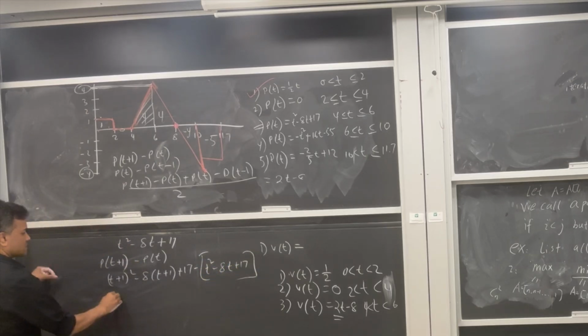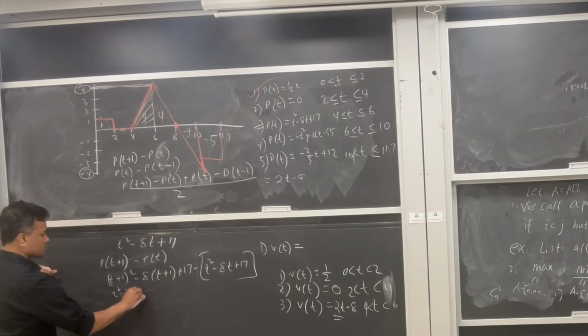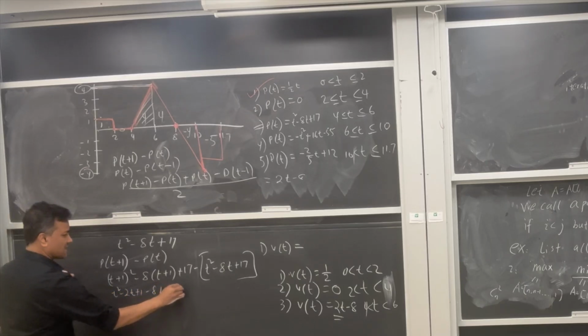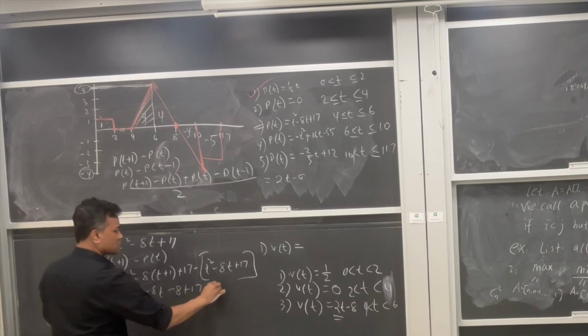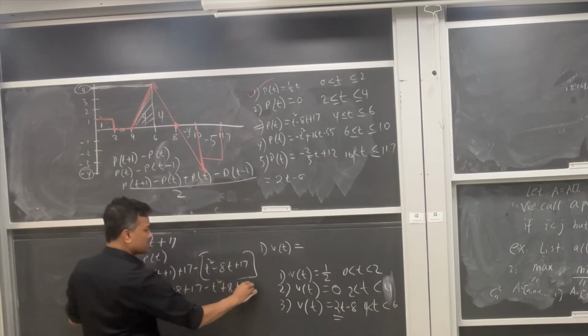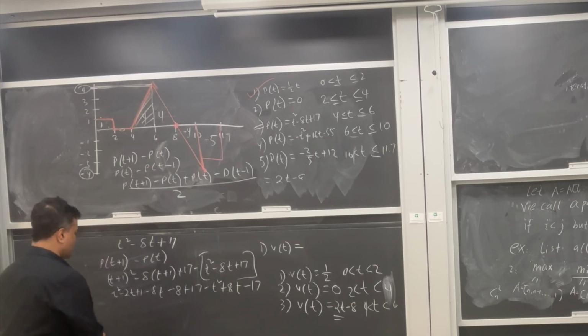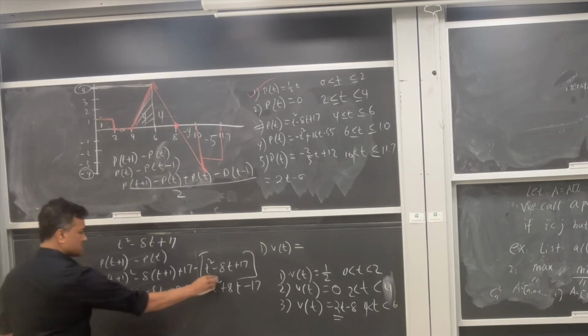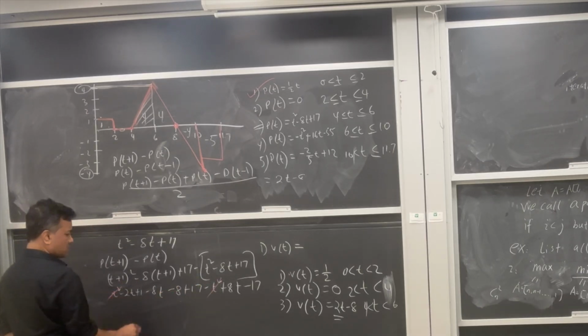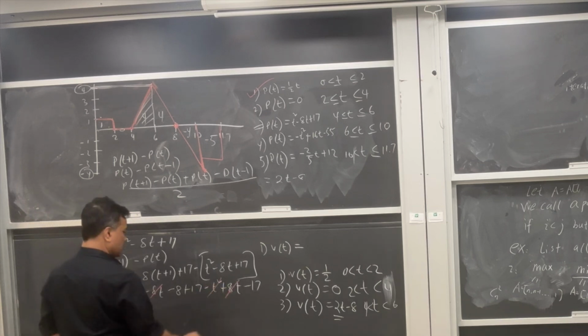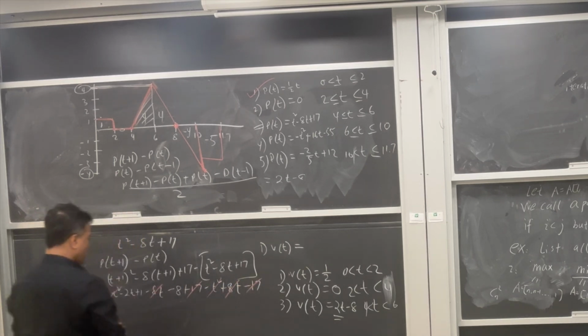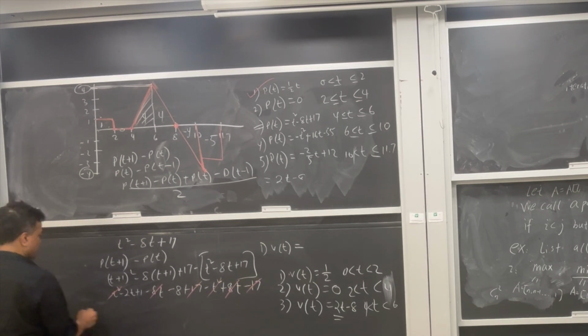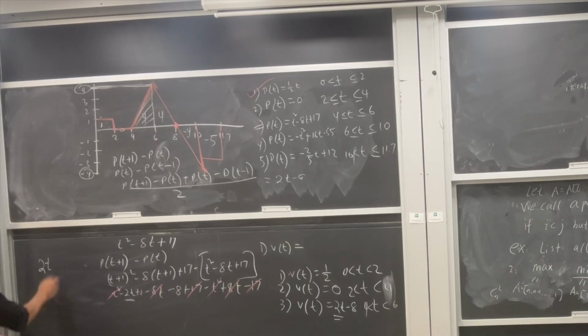That's t squared plus 2t plus 1 minus 8t minus 8 plus 17 minus t squared plus 8t minus 17. As you see, the t squared cancels, the 8t cancels, the 17 cancels. So you get 2t, then 1 minus 8, so 2t minus 7.